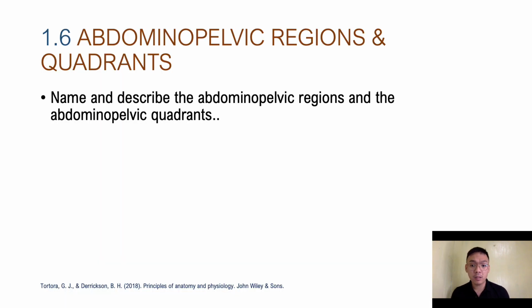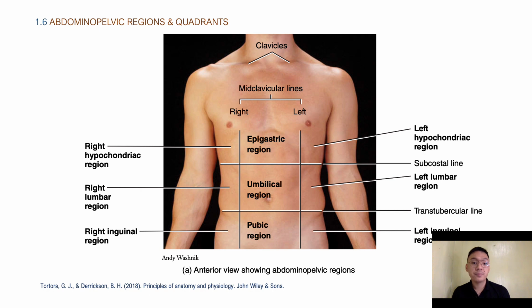Now, for the abdominal pelvic regions and quadrants, the learning objectives would be naming and describing the abdominal pelvic regions and your abdominal pelvic quadrants. This is an anterior view showing us the abdominal pelvic regions. Now we have here your bones, your clavicles, the mid-clavicular lines.